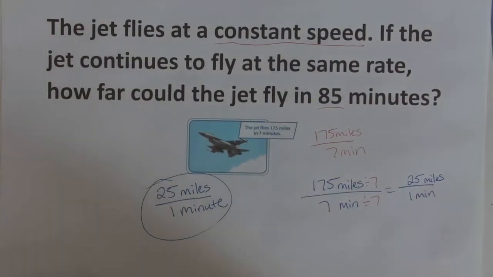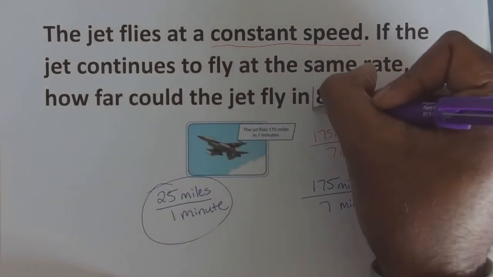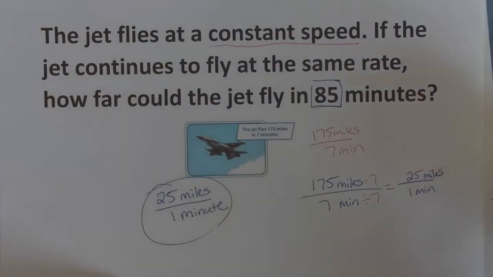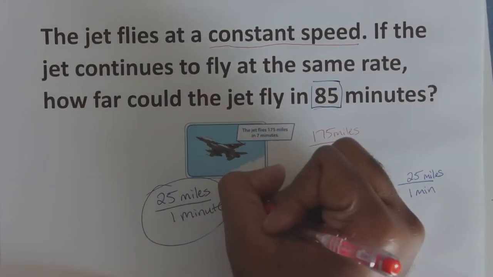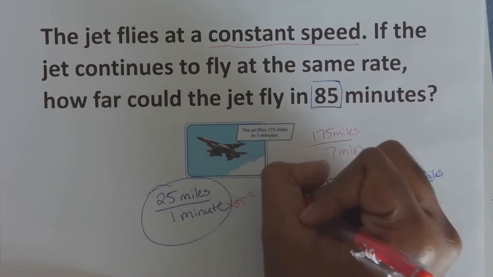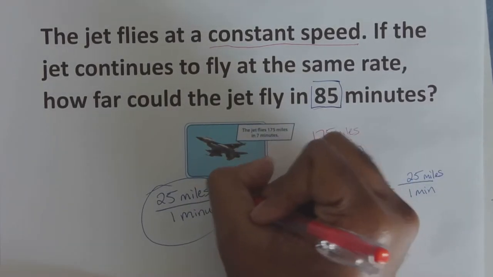So now I can take this information, this 25 miles in 1 minute, and multiply it by my 85 minutes, because I already have 1 minute. So now I want to know 85 minutes. So when I multiply my denominator by 85, I also multiply my numerator by 85.